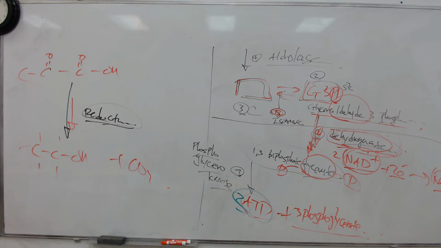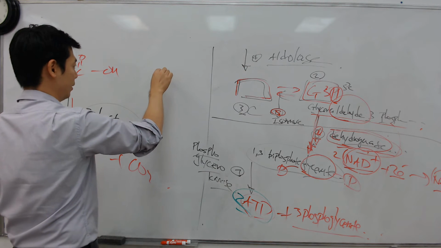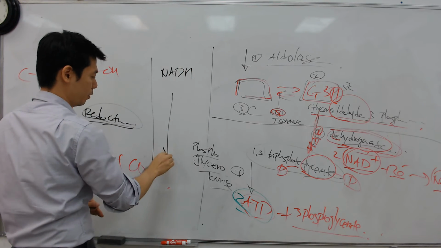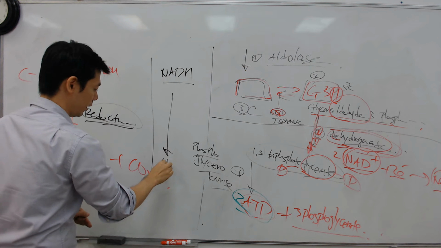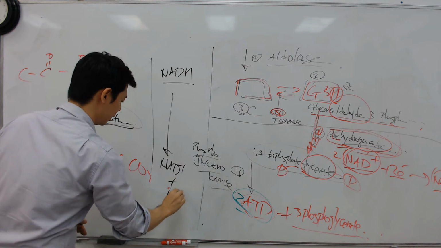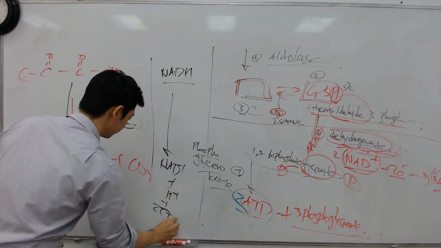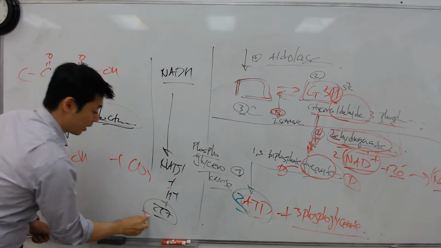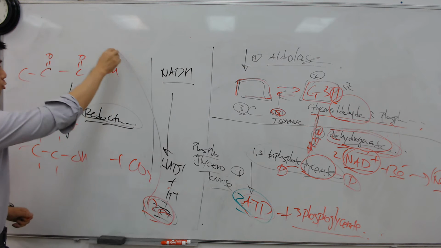To recycle this. Which means, as a coupled process, because of the reduction process, they're running an oxidation process. They oxidize this and turn it back into NAD plus, H plus, and electron. The electron they oxidized is being used to reduce this.